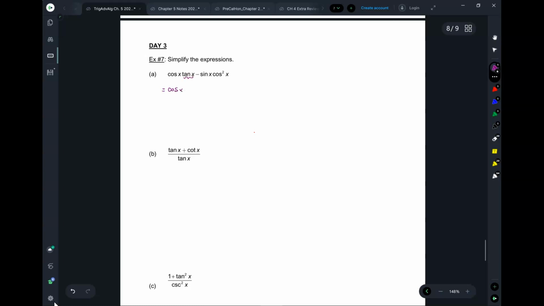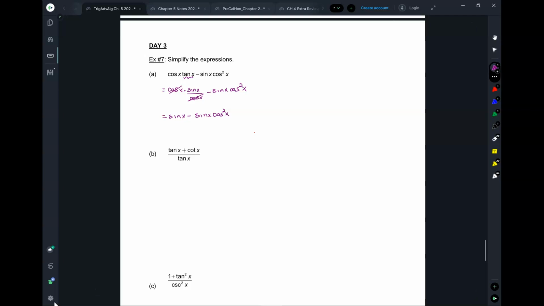The tangent from the box will be sine x over cosine x minus sine x cosine squared x. None of that changes. So here, this cancels. So I have sine x minus sine x cosine squared x.